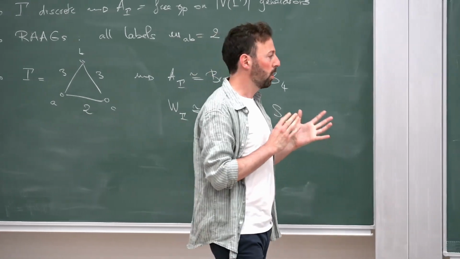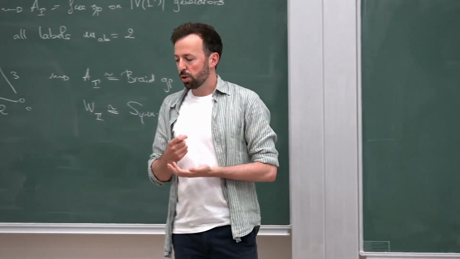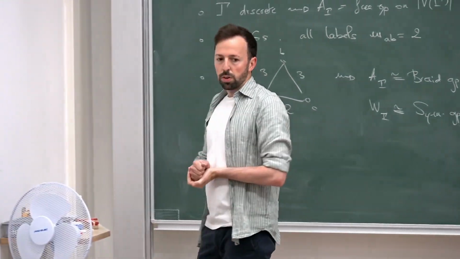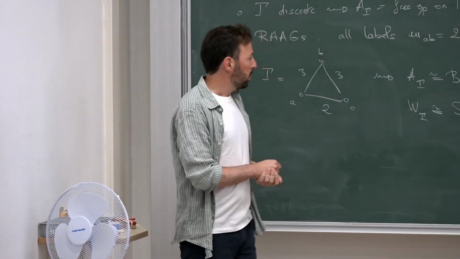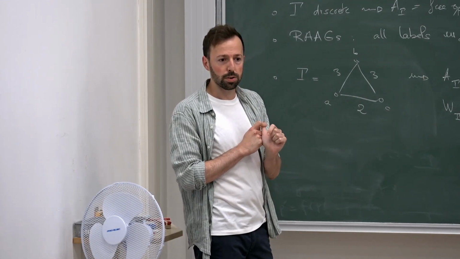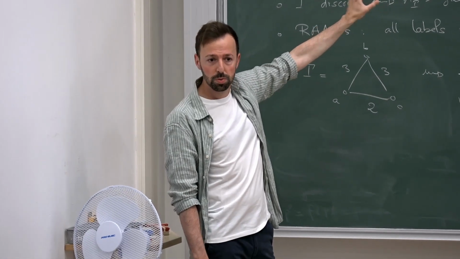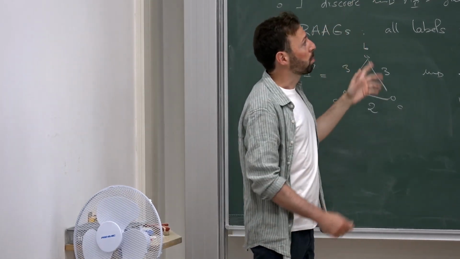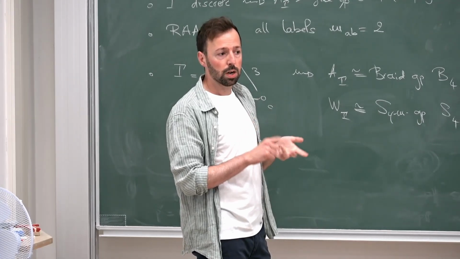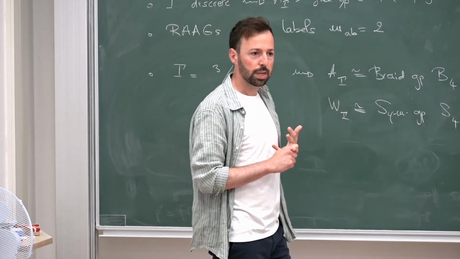A lot has been done for certain subfamilies that have a richer combinatorial structure and some nicer actions on non-positively curved complexes. But in general, we still don't know, for instance, the word problem for Artin groups. Even though this is a very nice presentation, quite close to Coxeter groups for which this is known, we don't know the word problem. We don't know whether these groups are torsion-free, even though we expect they are. We don't know the center of these groups. We don't know whether they have a finite classifying space.